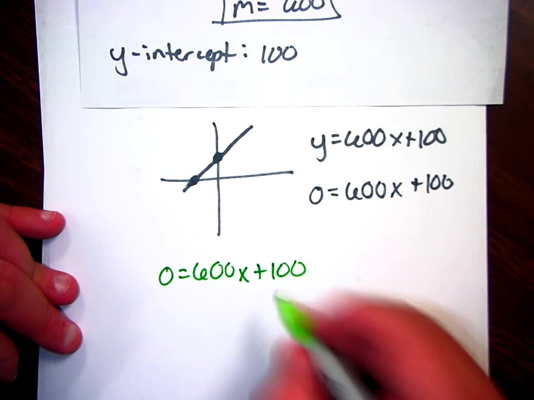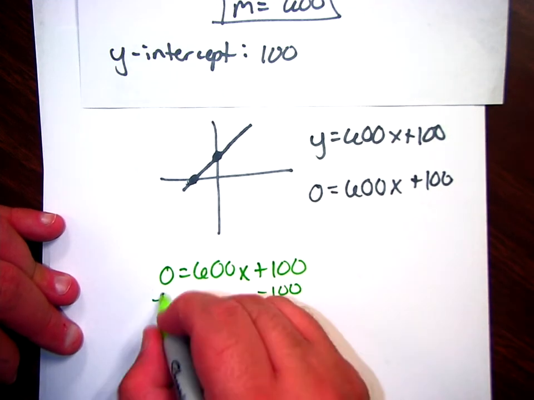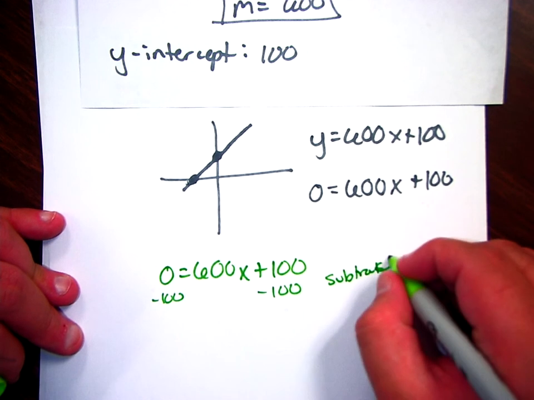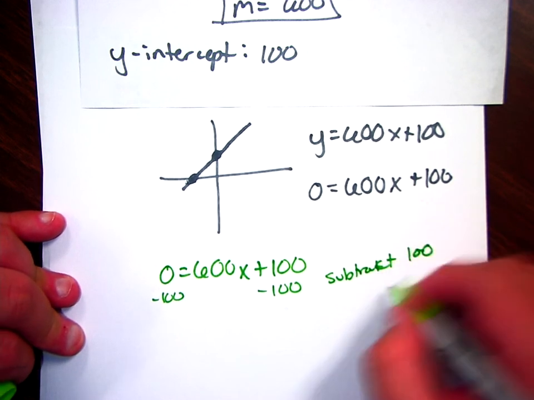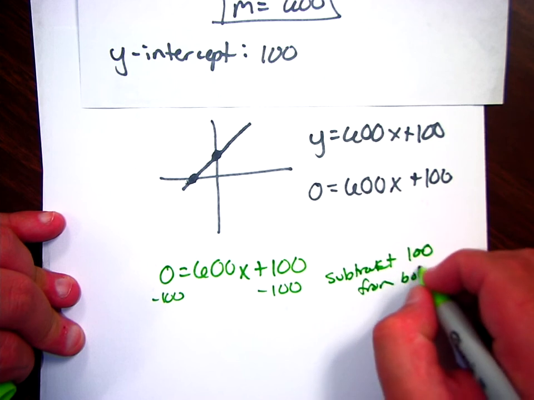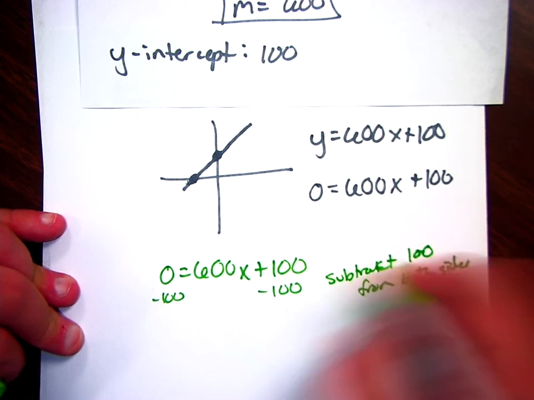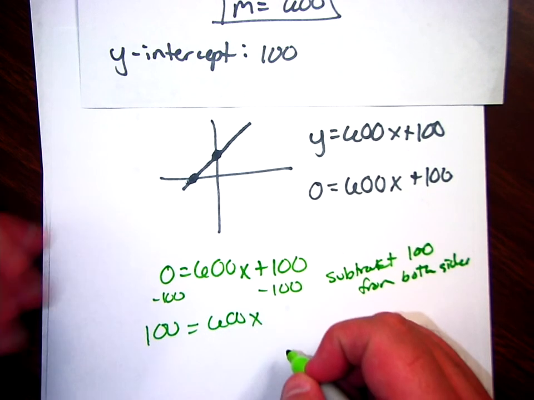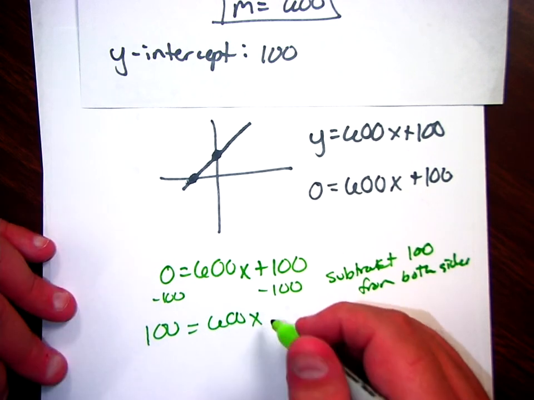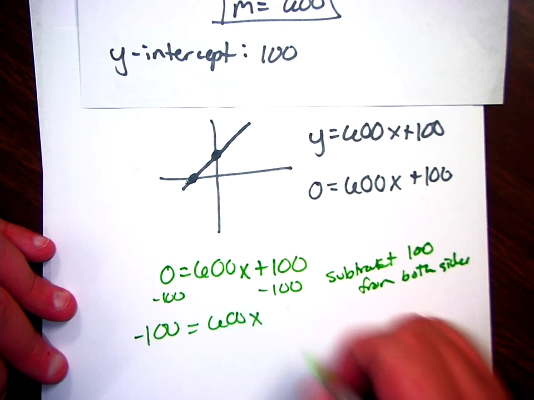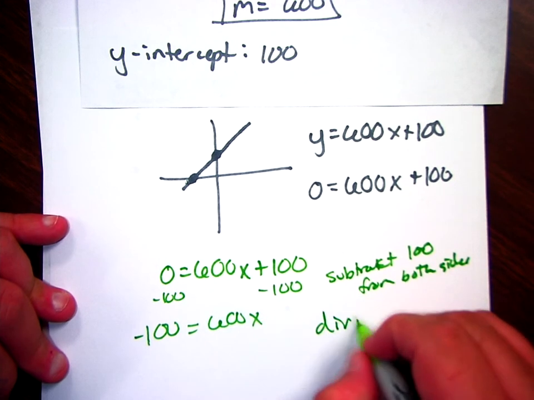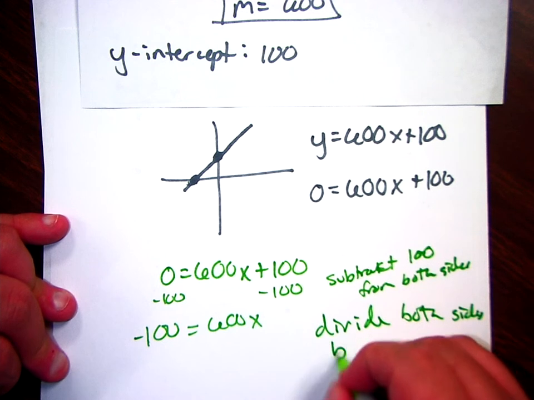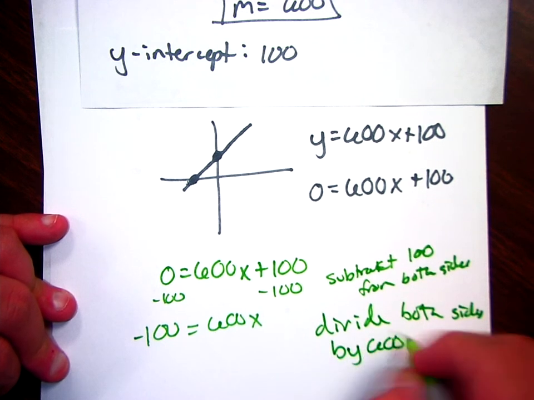Okay, so I'm going to subtract 100 from both sides. Then you get negative 100 equals 600x. Then I'm going to divide both sides by 600.